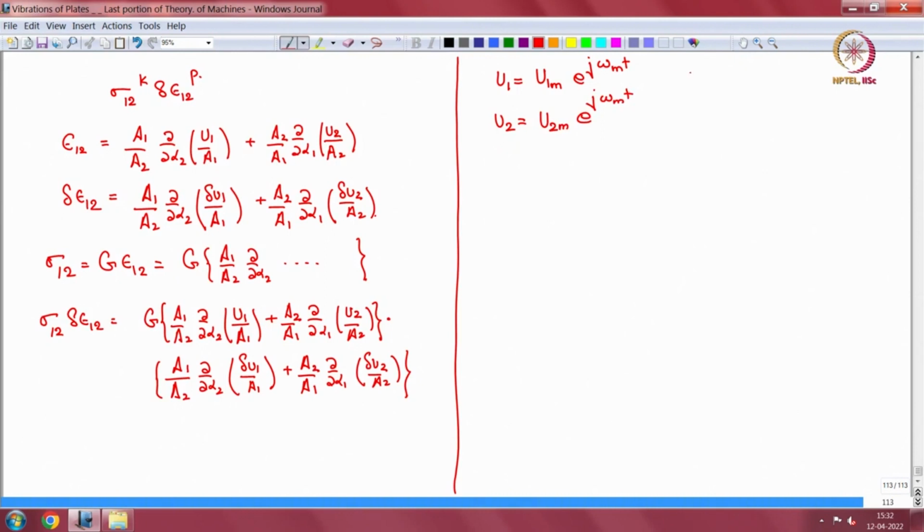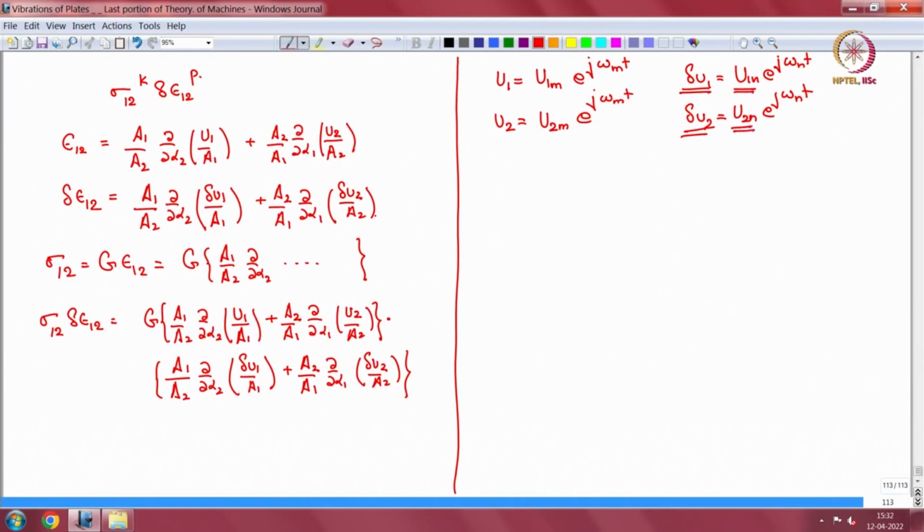Whereas if I have delta U1, then it's the U1 component of the nth natural frequency, n. Similarly, delta U2 is the U2 component of the same nth natural frequency. Why? Because variation satisfies the boundary conditions, and so does the mode shape.